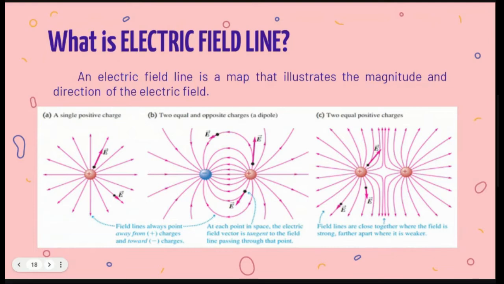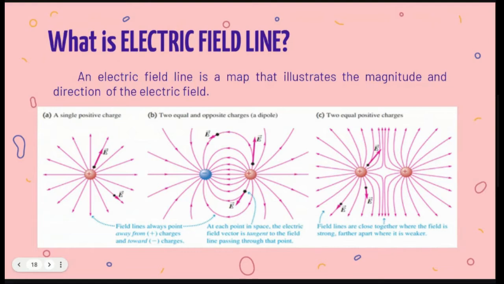That's the first property. The second property of an electric field line is that as it moves away from the positive charge, it should be perpendicular to the surface. And it also enters the negative charge perpendicular to the surface of the electric charge.